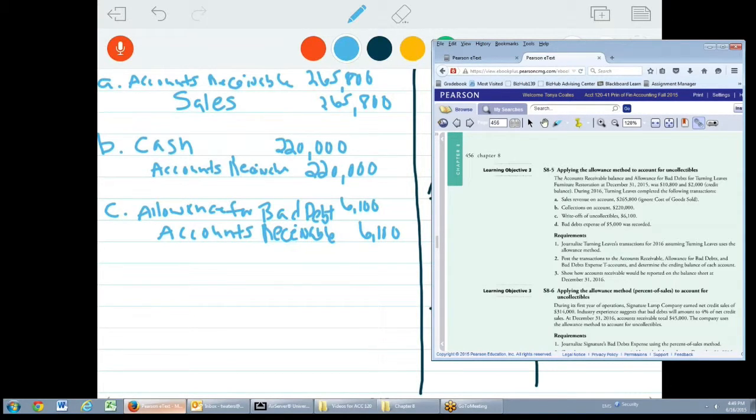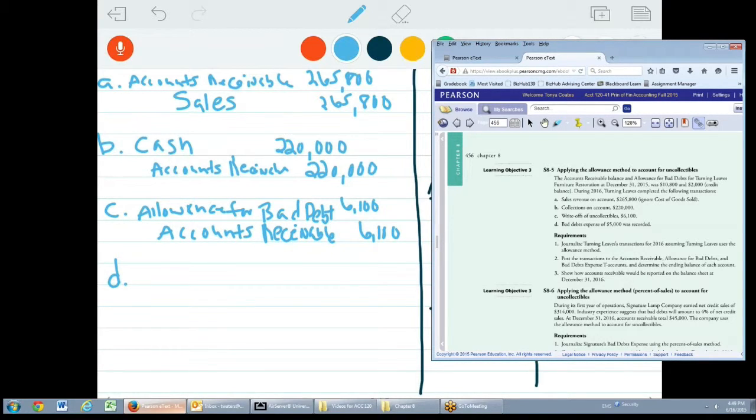So next, let's move to transaction D. Transaction D says bad debt expense of $5,000 was recorded, and we are going to look at some different methods and how to calculate this $5,000 in other videos.